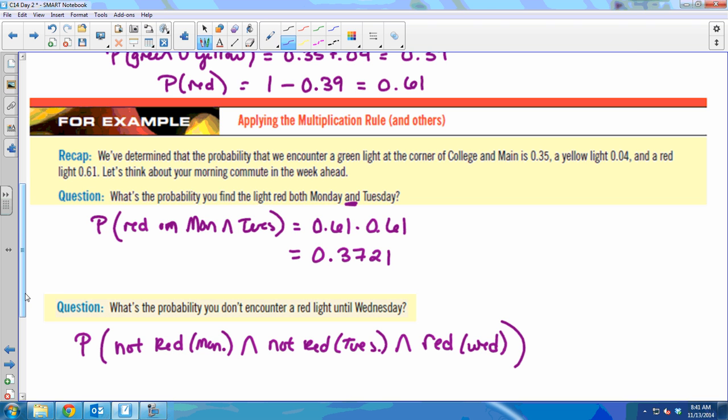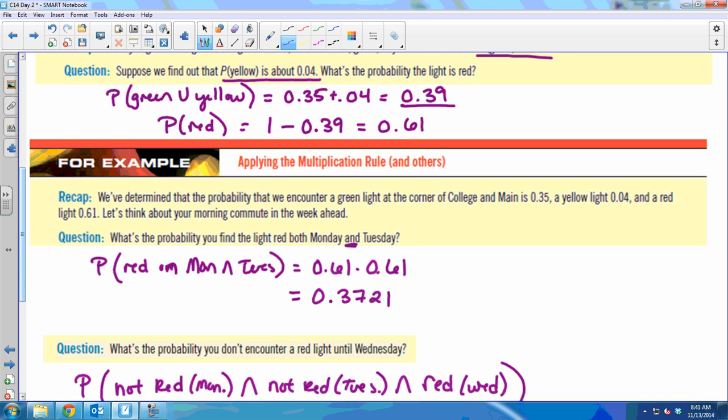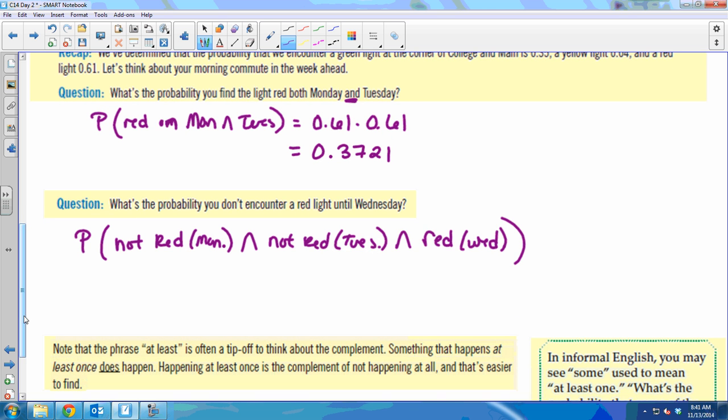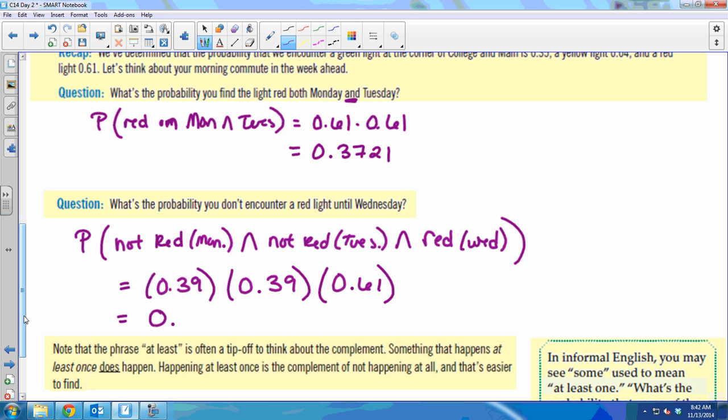I'm just putting that into notation there. All right. So what was the probability that was not red? Don't we have that somewhere else? 0.39. Okay. So that would be, since we're doing ands, we're going to be multiplying. So 0.39 times 0.39 times the probability that it is red, 0.61. So that probability ends up being 0.092781.